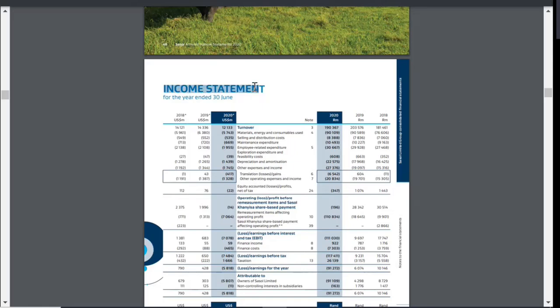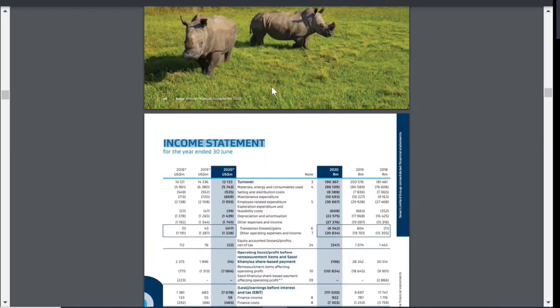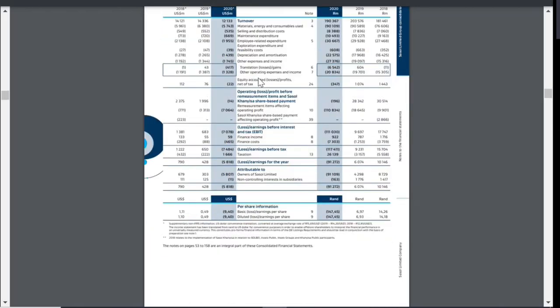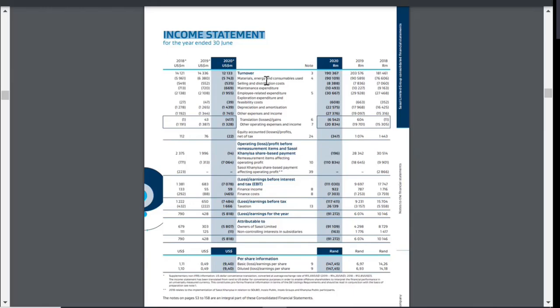This is the income statement. The income statement is also called the statement of comprehensive income. This is where they record their income and expenses. The income statement will show a company's performance.